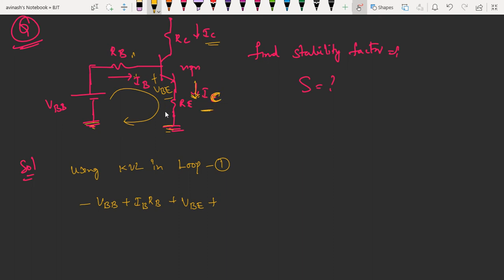You have to remember this point. Then the current flowing through this part will be IC plus IB, into the resistance RE, equal to 0. The sum of all the voltage drops in a loop is equal to 0.